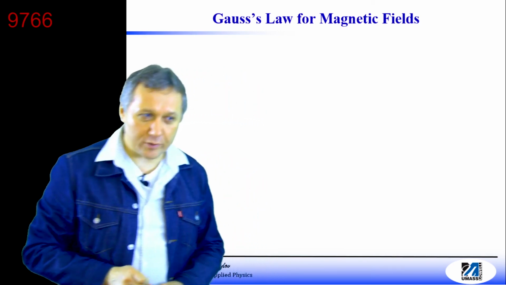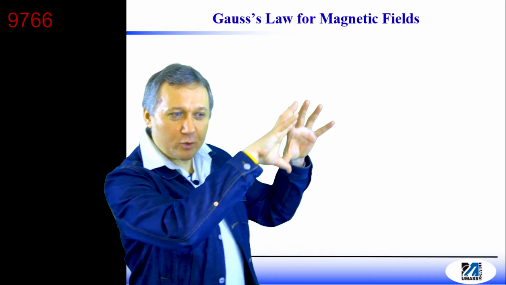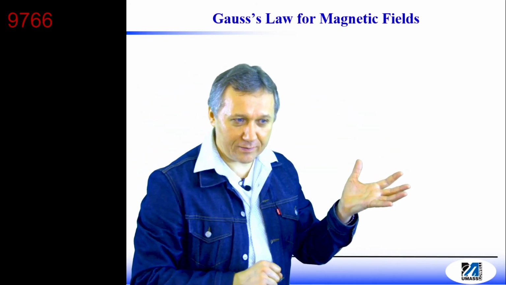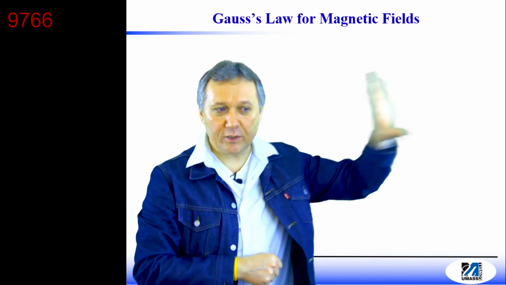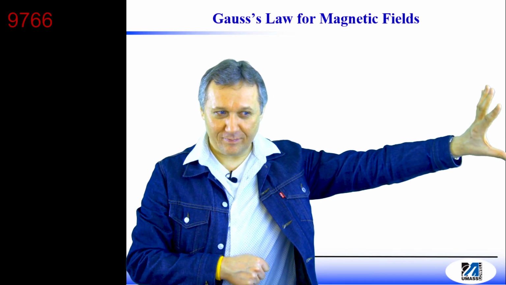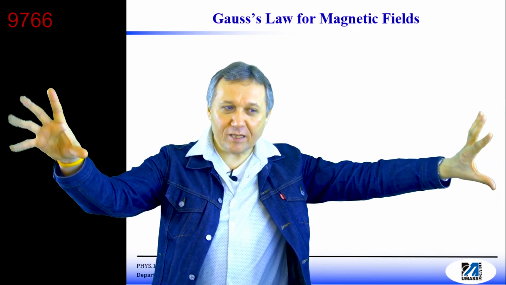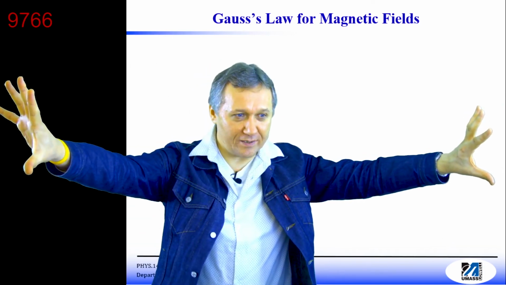Then we had Gauss's law. In Gauss's law, we have integration over a closed surface in order to find the electric field. So this is a law where we have integration over the surface in the world of electricity. But you feel like there is a gap. There must be something similar to Gauss's law, but for the world of magnetism.